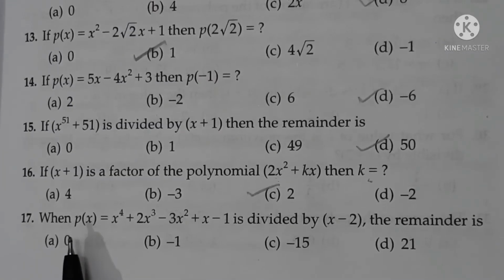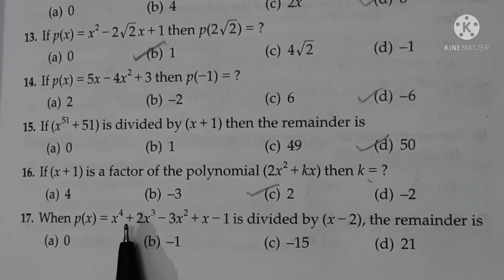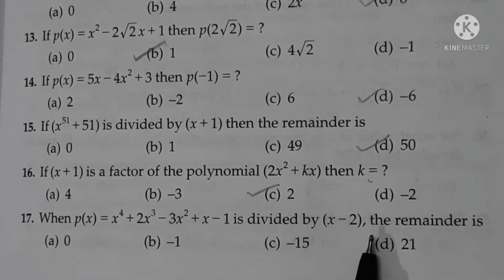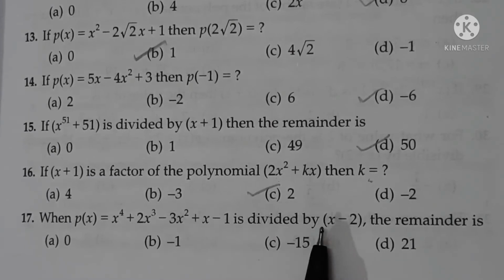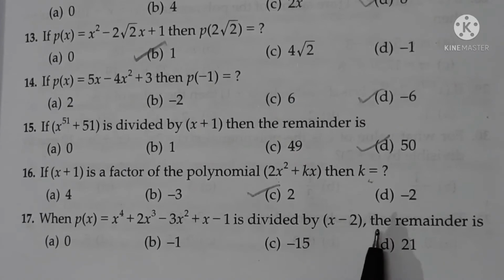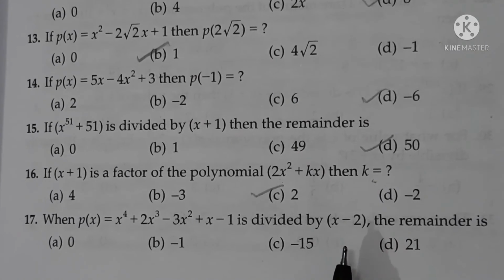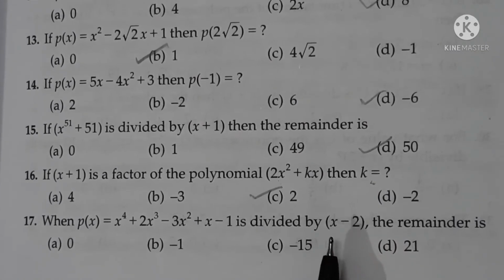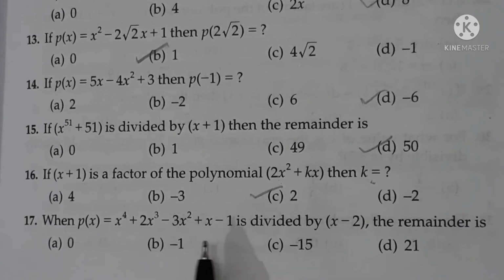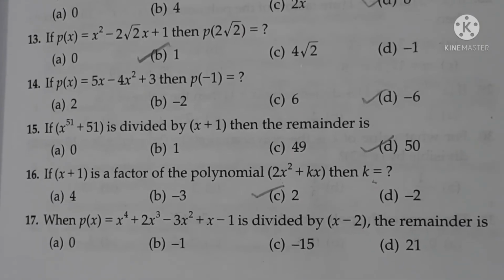Question number 17. When px is equal to x to the power of 4 plus 2x cube minus 3x square plus x minus 1 is divided by x minus 2, the remainder is. So this is px and this is gx. Substitute gx equal to 0, and at that value of x you will get the remainder from px.